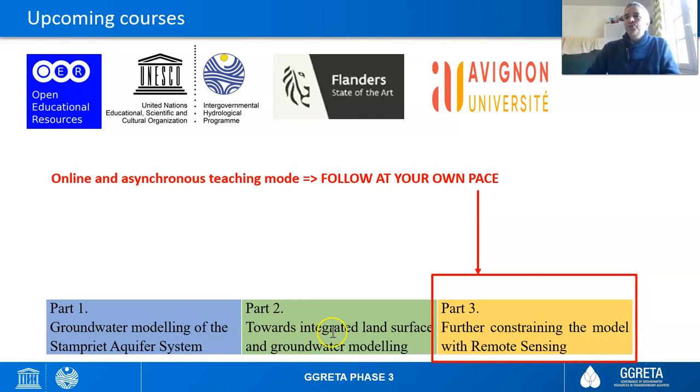So that was part 2, and we're now starting part 3, where we see how we can go one step further and bring all this modeling platform one notch higher, with the help of remote sensing. So what does remote sensing bring to groundwater modeling? That's the big question we'll be working around for this third and final part of the course.